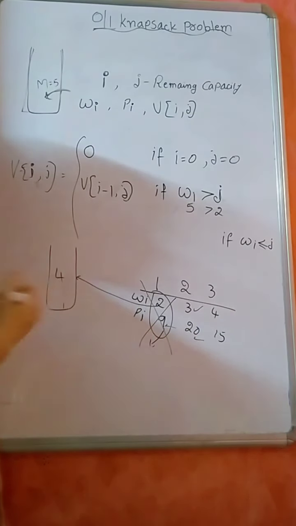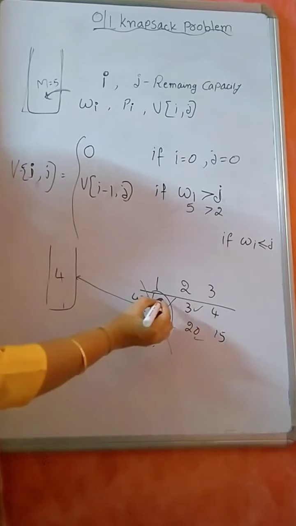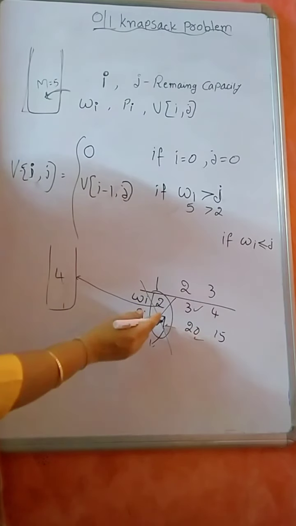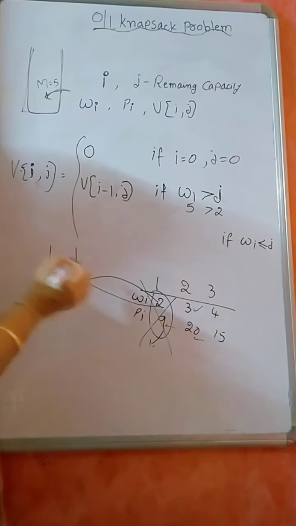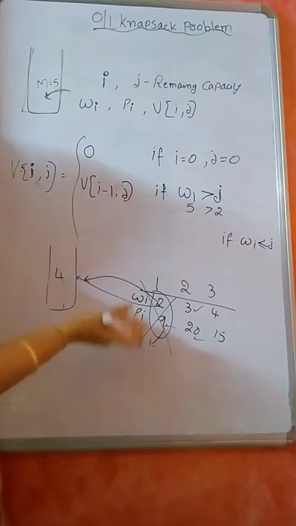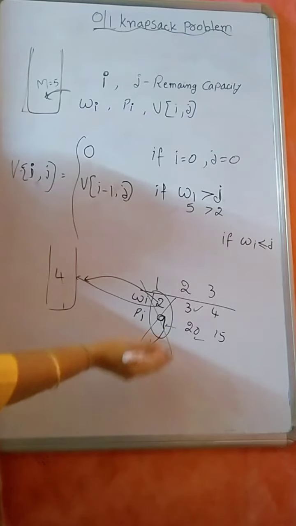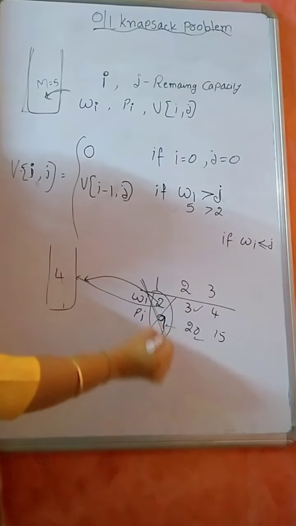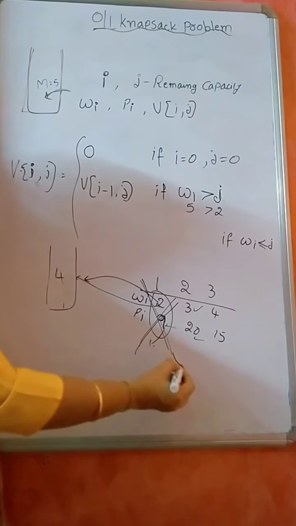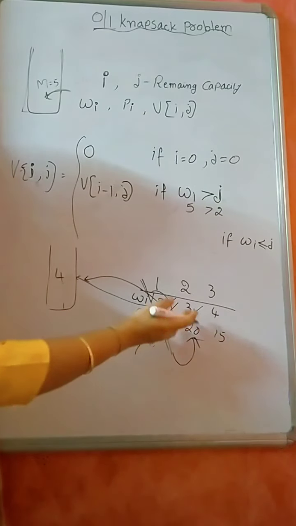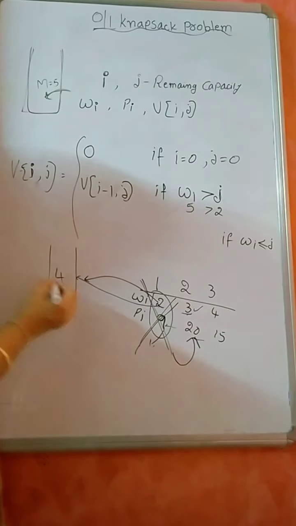Then which one is better? Even though the weight of this is less than this, even though I can insert this one, what is the profit I am getting if I insert that? It is just 9. Instead of selecting this object, if I reject this object and move to the next object, even though its profit is also less than this, what is the profit I am going to get from that?